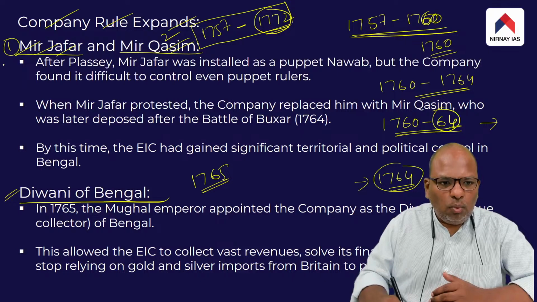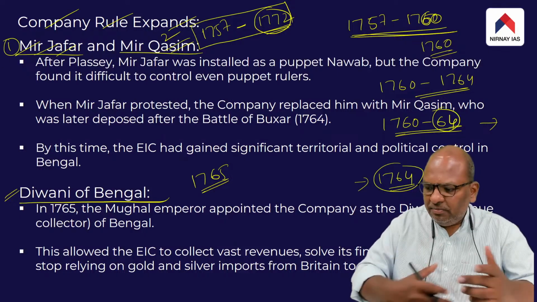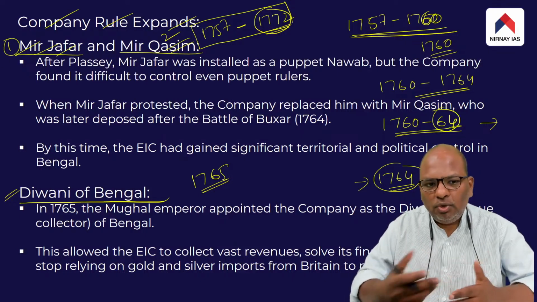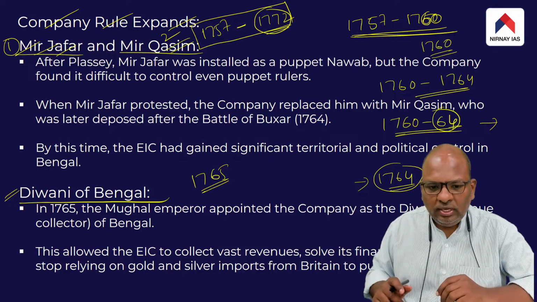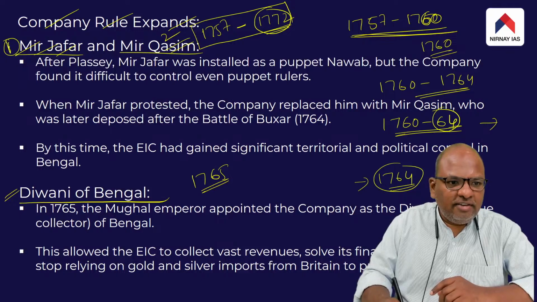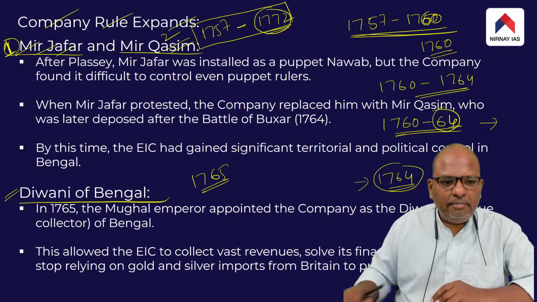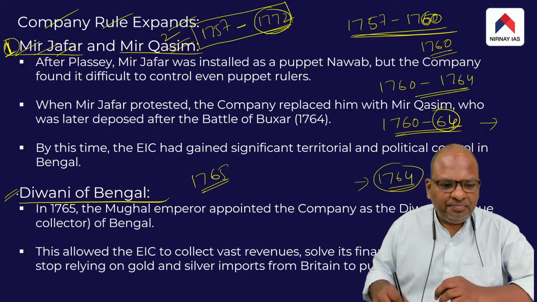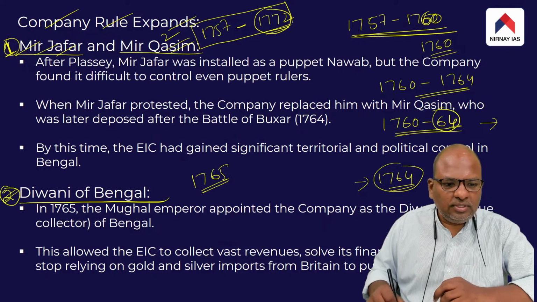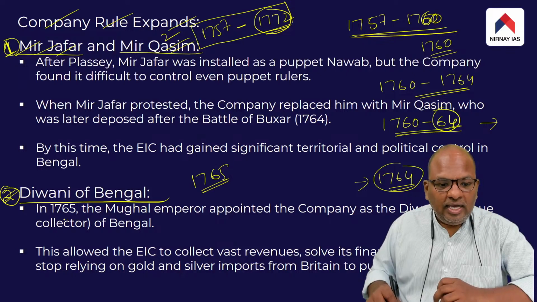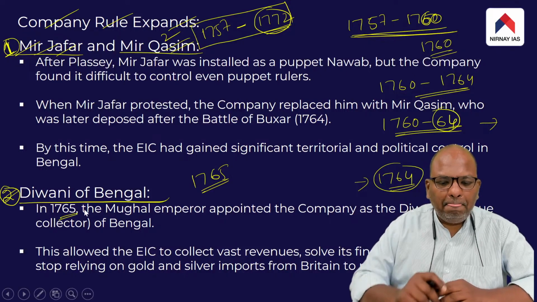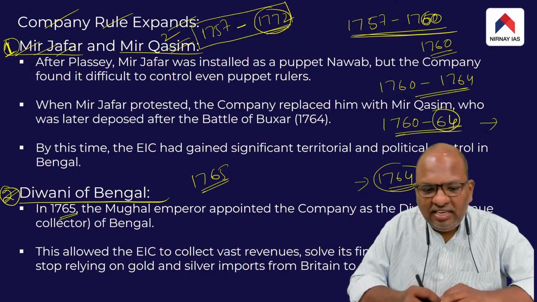Event number 1 that unfolded is that the British began frequently changing the rulers of Bengal according to their choice. This is event number 1 that unfolded immediately after the Battle of Plassey. This is event number 2, the Diwani of Bengal. So in 1765, the British got the Diwani of Bengal.